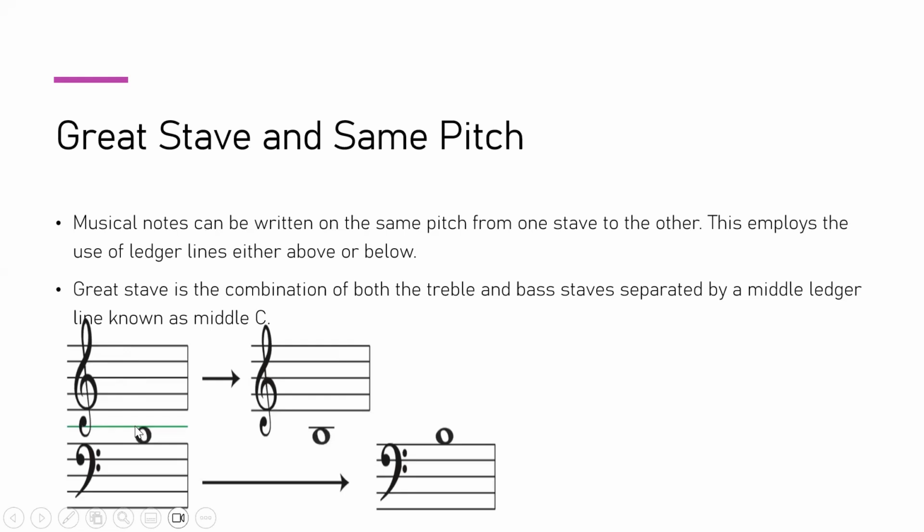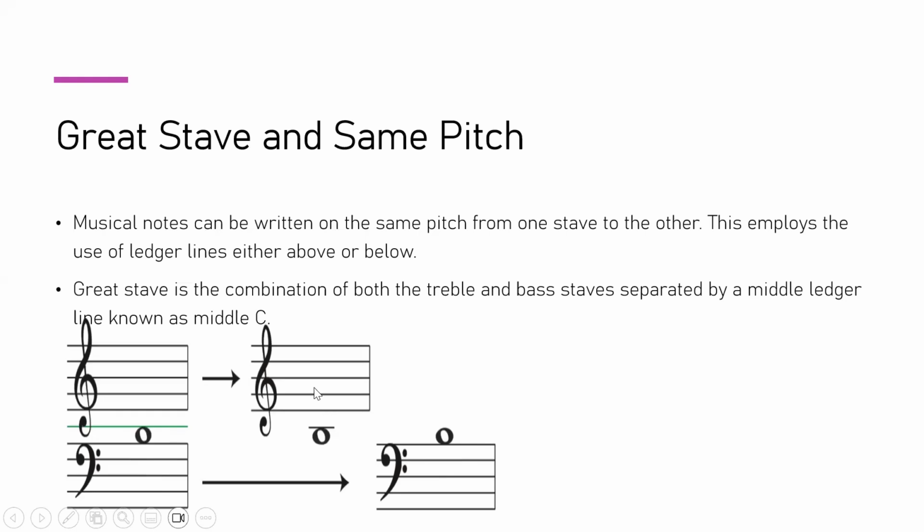Now let's look at it the other way around too. Let's detach the bass stave down to the note as well. You can see the arrow pointing that the bass stave down to this. What is the letter name of this note on the bass stave? Of course, this is F, G, A, B, isn't it? That's letter B, right?